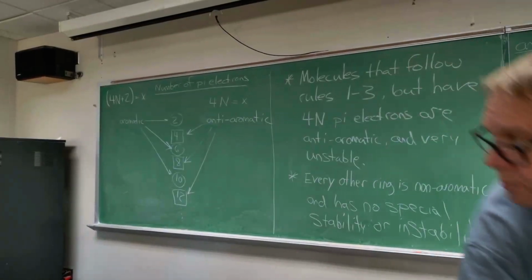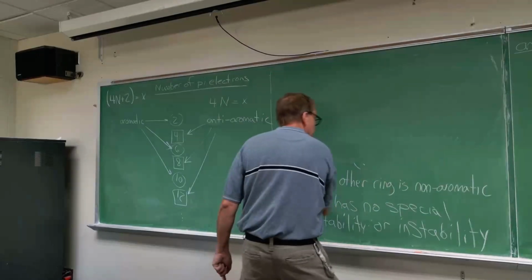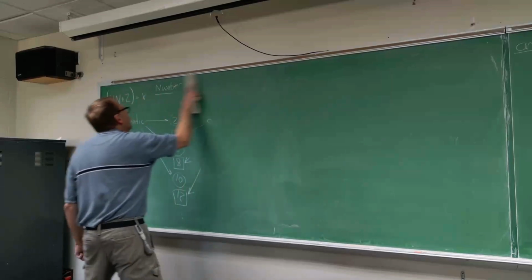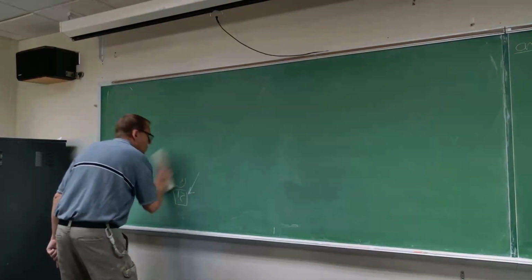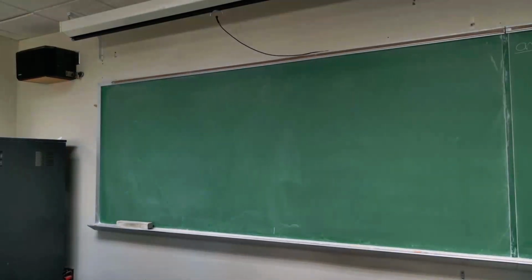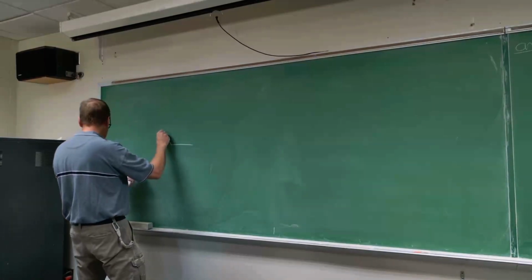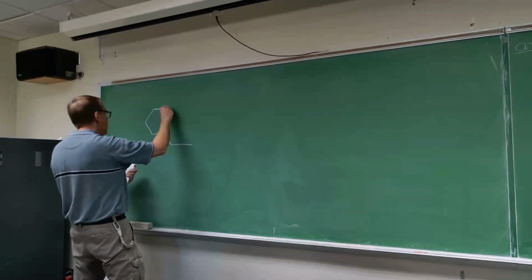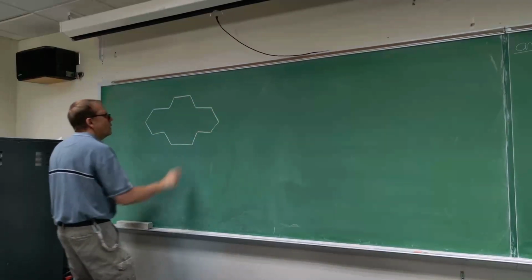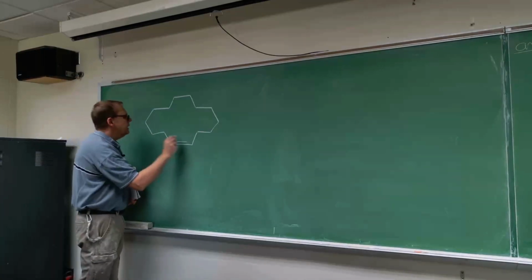So let's look at an example of this. Okay, I want to draw for you now a molecule that has this structure. It's kind of an interesting polygon, and it has alternating double single bonds.